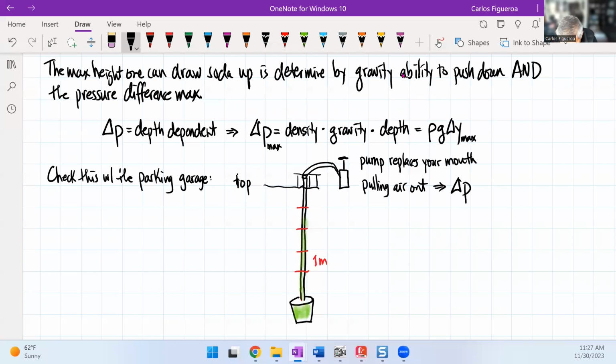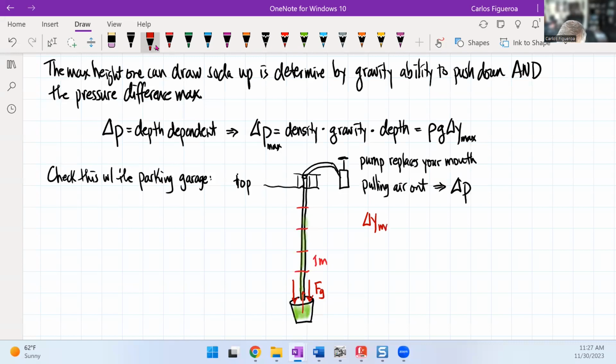And when you create this pressure difference, it plays the same role as how we take water up a straw. As we take the air out, gravity comes in, and what does it do? It pushes down, and then it pushes it up the tube.